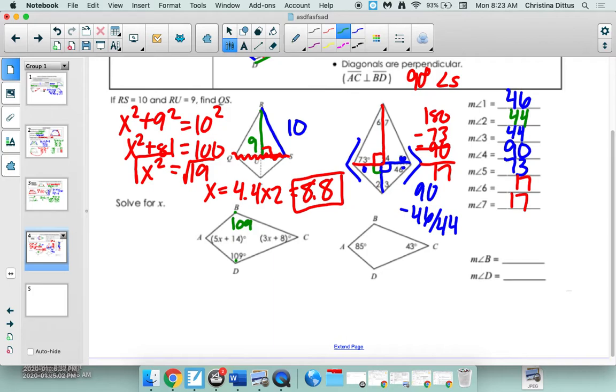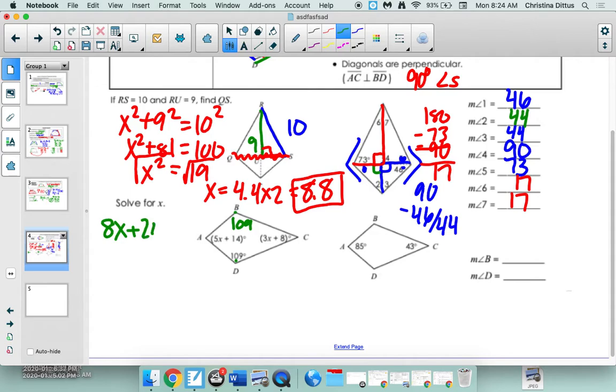Guess what we're going to do? We're going to add it all up, so it equals 360. So I got 8x plus 109 times 2 plus 14 plus another 8 plus 8 gives me 240.